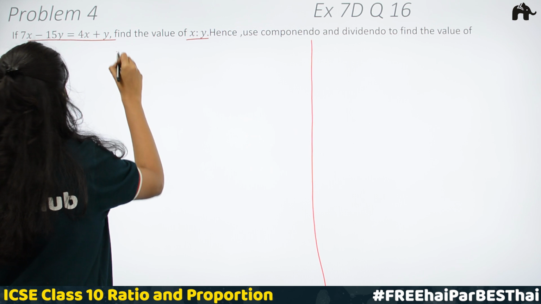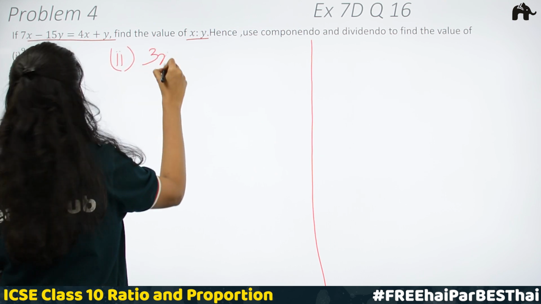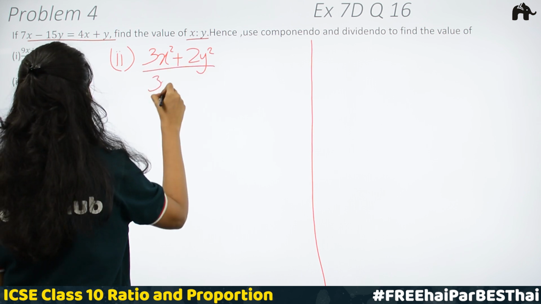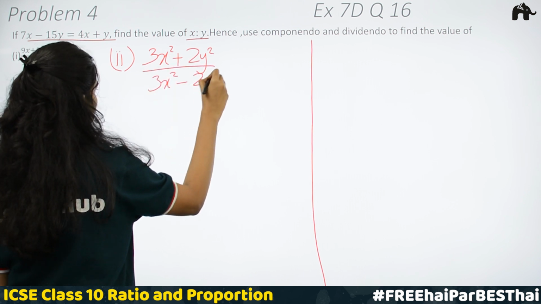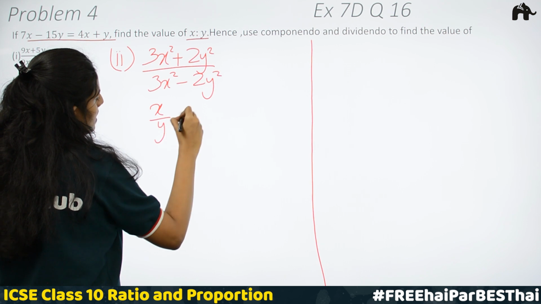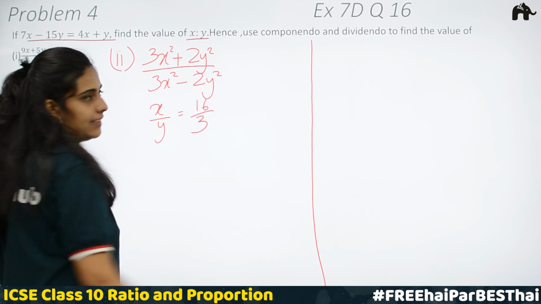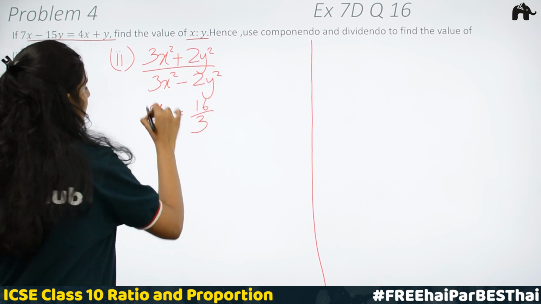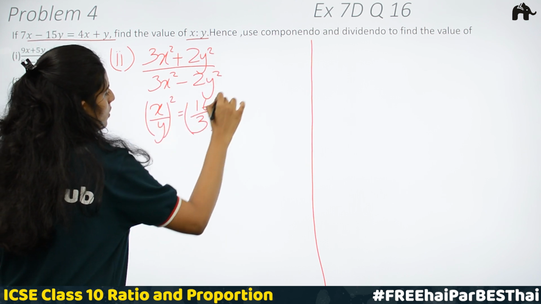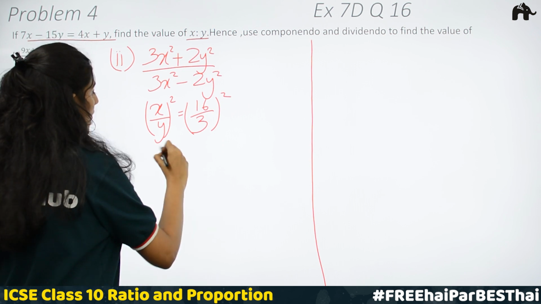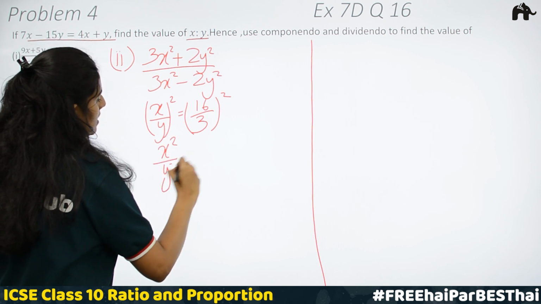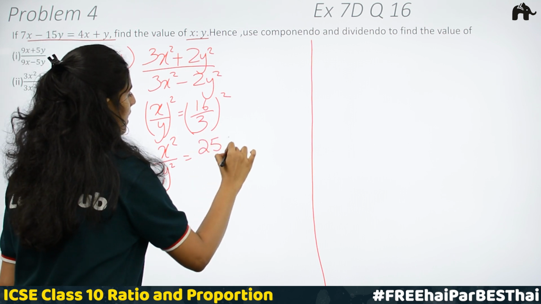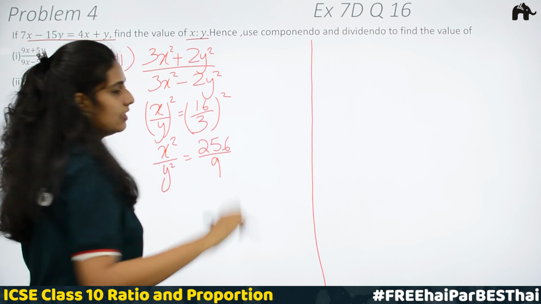Now the second part, we need to find the value of 3x square plus 2y square divided by 3x square minus 2y square. We have x by y is equal to 16 divided by 3. Okay, here we have x square, y square terms. For that, we will be squaring on both sides. Squaring, we get x square by y square is equal to 16 square, that is 256 divided by 3 square, 9.